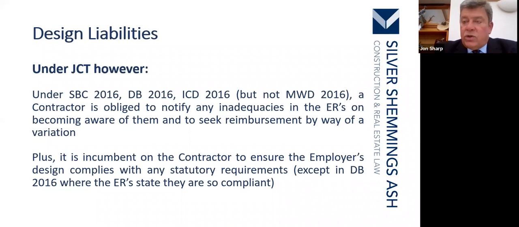So an extension in order to put right the employer's requirements if they are defective. Plus, it is incumbent on the contractor to ensure the employer's design complies with statutory requirements, except in DB 2016, where the ER state that they are so compliant.